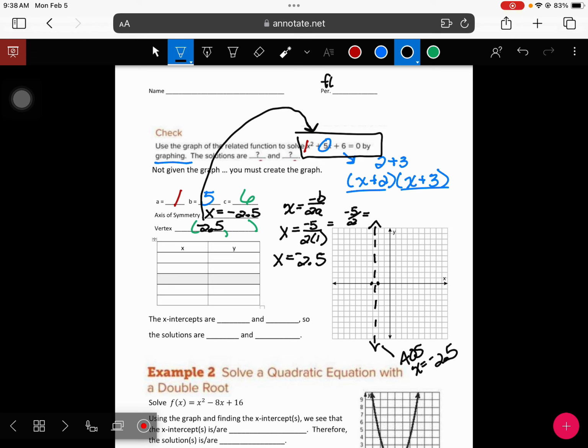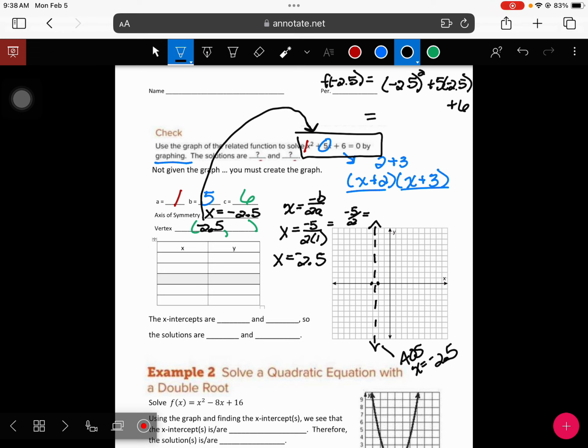I'm going to say the function when X is negative 2.5 is negative 2.5 squared plus 5 times negative 2.5 plus 6. So negative 2.5 squared, put the parentheses around it.